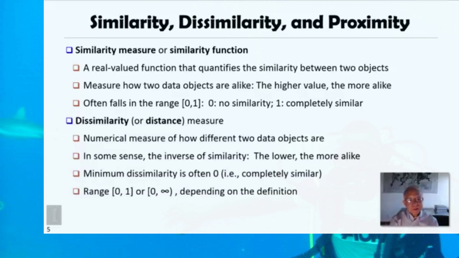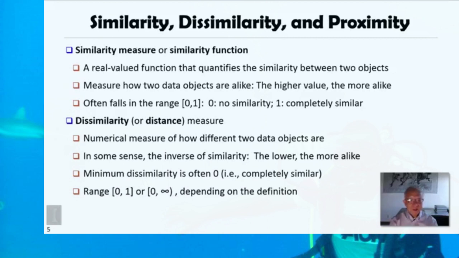Then, similar to similarity, many people want to use dissimilarity or distance measure. A distance measure or distance function is a numerical measure of how different two objects are. To some extent, dissimilarity is the inverse of similarity. That means the lower or shorter the distance, the more alike.